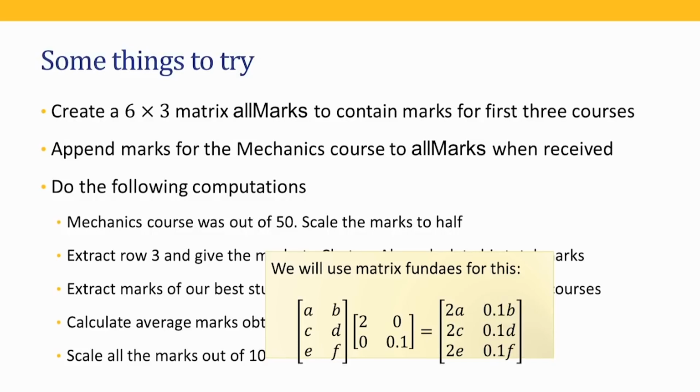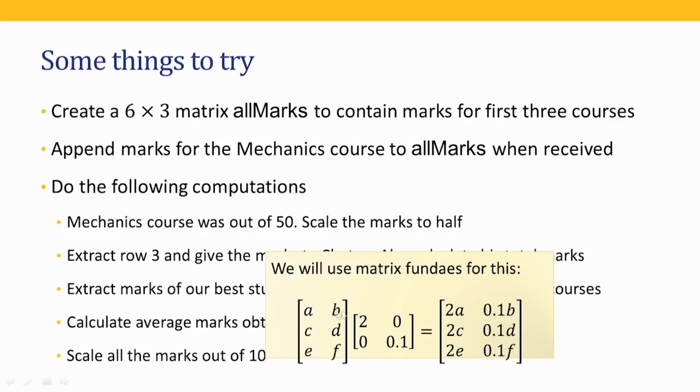If you have a matrix of this sort, A, B, C, D, E, F, so we have 3 rows and 2 columns, and we multiply this with a diagonal matrix of this form. We are post multiplying with the diagonal matrix. What is going to happen over here is that the number 2 is going to multiply with the first column, and the number 0.1 is going to multiply with the second column, and this is the result that we are going to get.